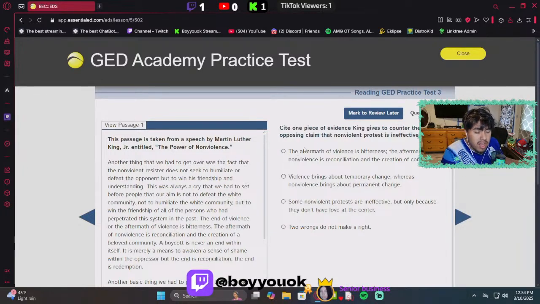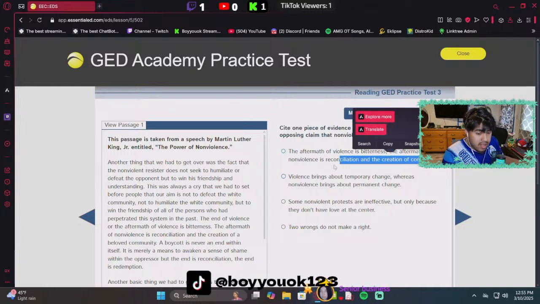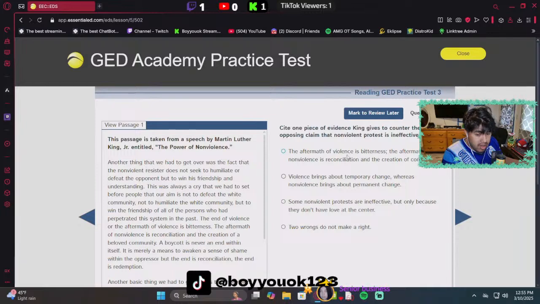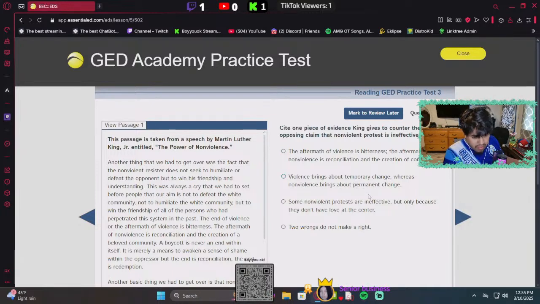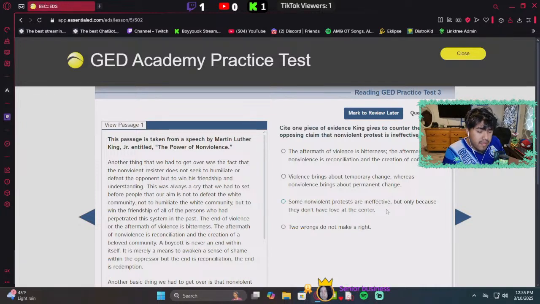Cite one piece of evidence that counters the opposing claim that nonviolent protests are ineffective. The aftermath of violence, aftermath of nonviolence, recognition, creation of community. Violence brings temporary changes, whereas nonviolence brings permanent change. Some nonviolent protests are ineffective because they don't have love at the center.